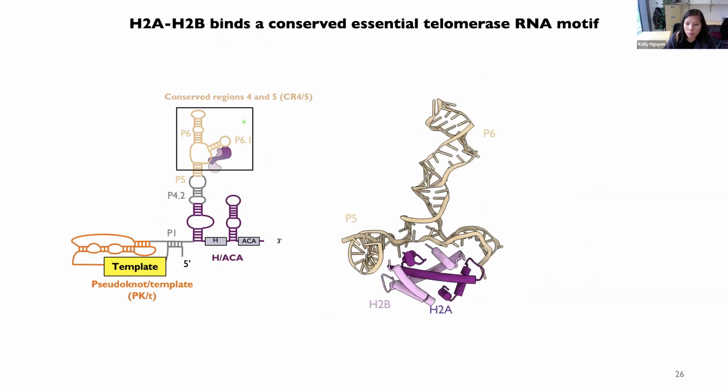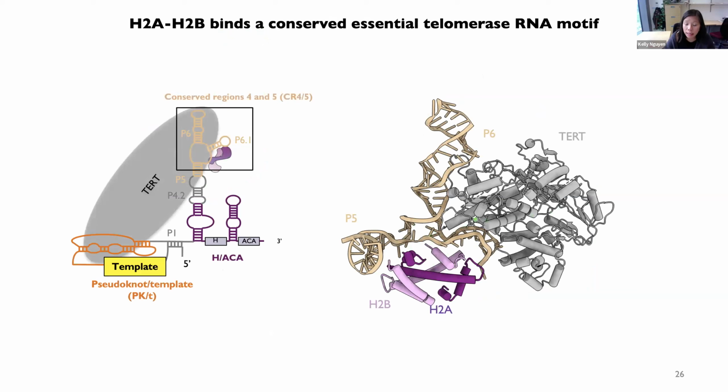This region forms what we call a three-way junction, as shown here, and the histone binds across two strands of the three-way junction. You might remember from the previous slide that the reverse transcriptase binds the same region, on the other side of the three-way junction.